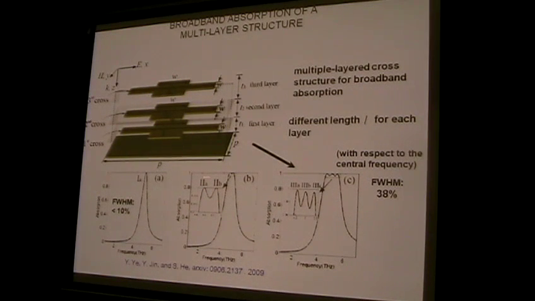dipole as we examined earlier. At this peak, now we're putting 3 peaks. The second layer will form a peak here, and the third one here, and these 3 peaks will overlap and merge together, giving an even broader bandwidth. This is the structure. Absorption is like this.